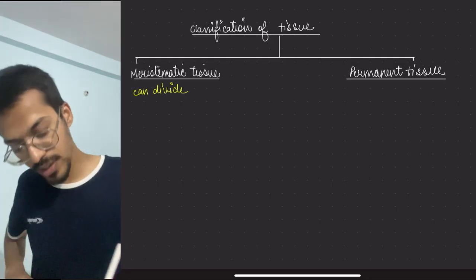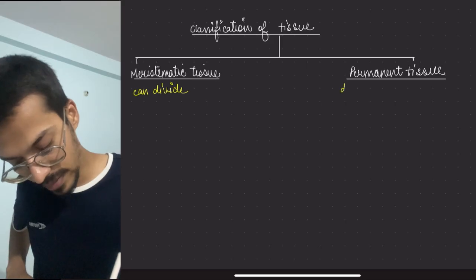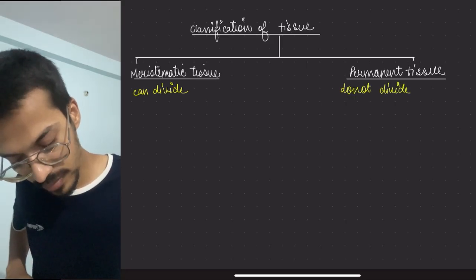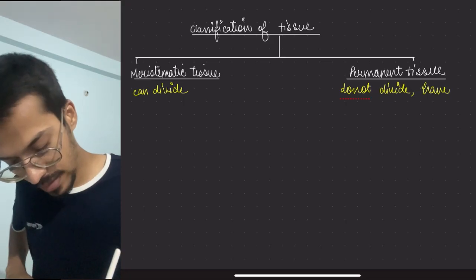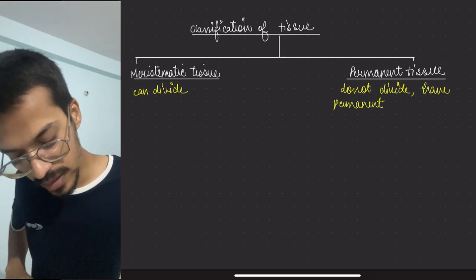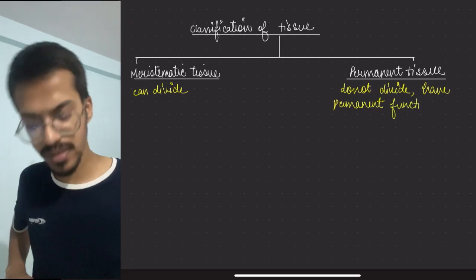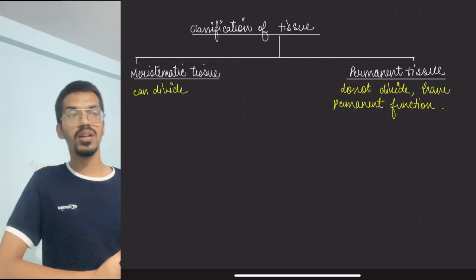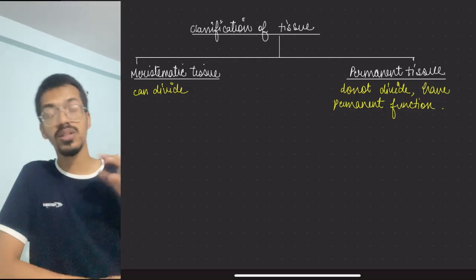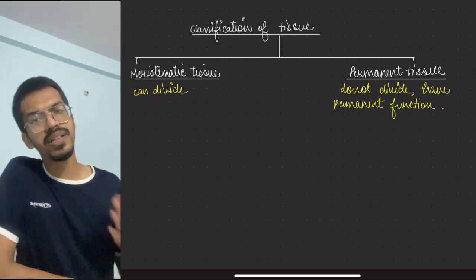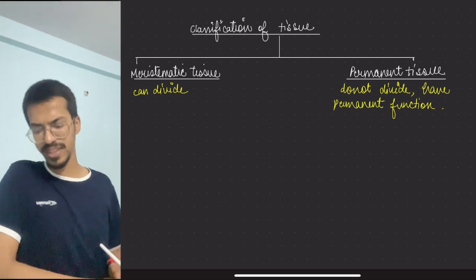Permanent tissue does not divide, it has a permanent function. Like certain cells which have chloroplasts do photosynthesis. Certain cells which have a large vacuole save certain materials inside it. Certain cells will have secretory functions, so these things will be there.